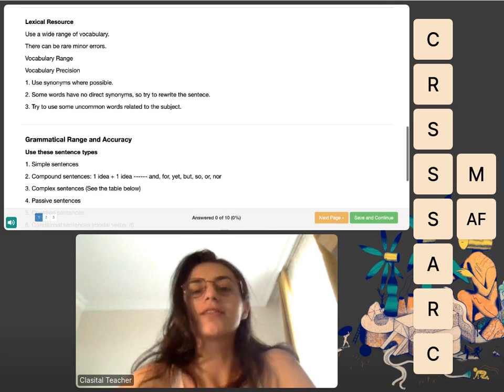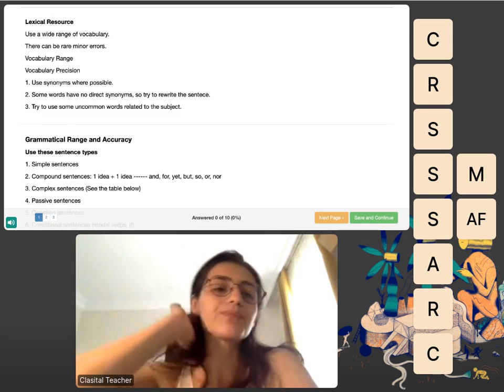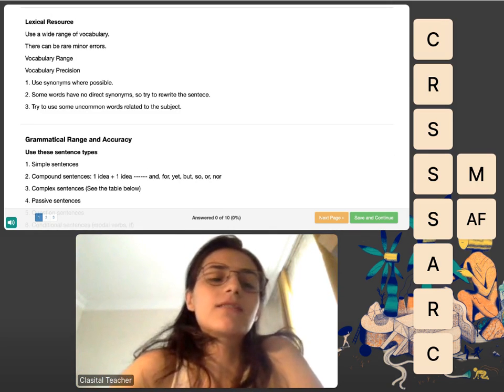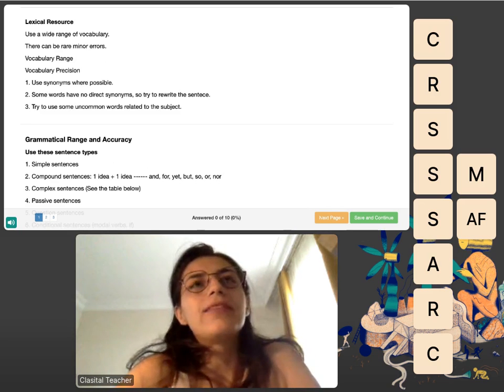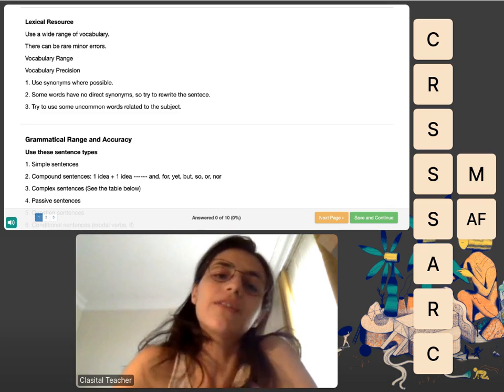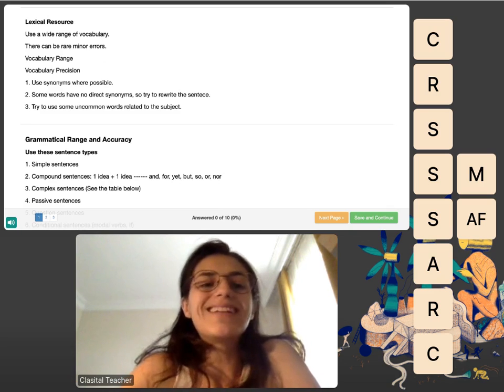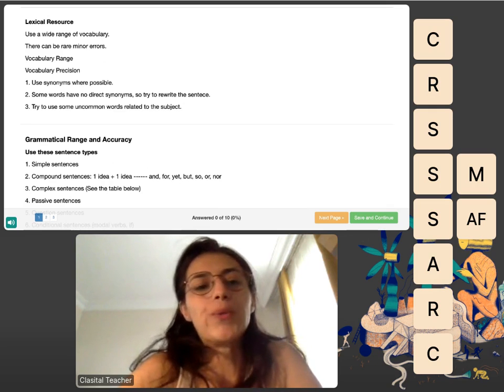For the lexical resource, as I've said, this is just a fancy way of saying vocabulary. To get a good band score in lexical resource, you need to use a wide range of vocabulary, and you can have some rare minor errors in terms of using those different vocabularies, but then again, it should not be so much that it affects your score.